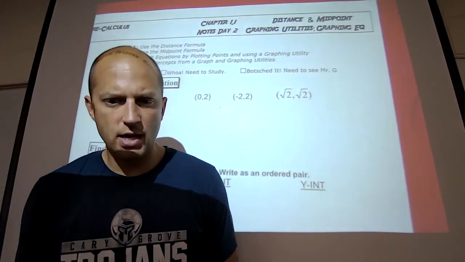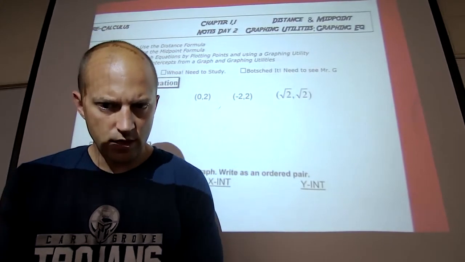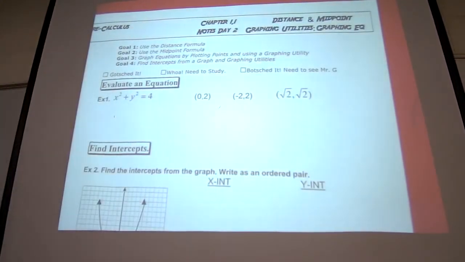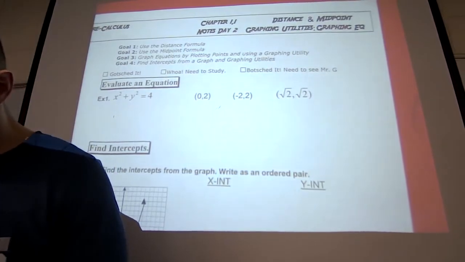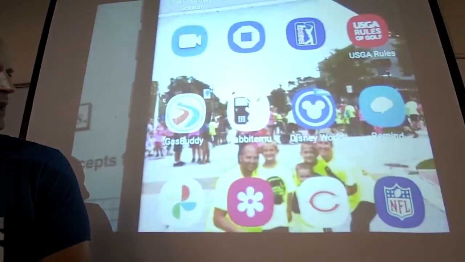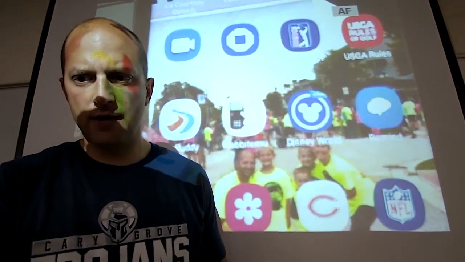Did I remind you guys about getting apps on your phones? You guys know the Android app? Did we talk about that? Yes, no? If not, I'm going to zoom in real quick. Here's my phone. I'm not cool enough to have an iPhone.